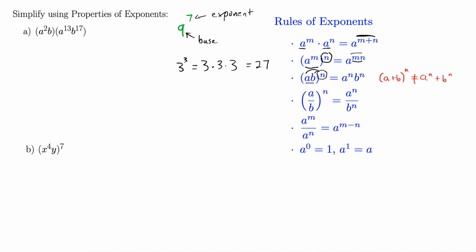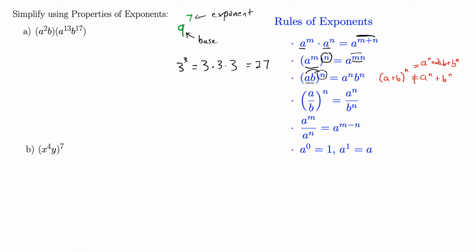So make sure you can spot the difference between these two situations. When these are multiplied together, the n distributes through to both of them as the exponent. When they're added together, the n does not distribute through. If you did want to do this, you would use a to the n plus 2ab plus b to the n. Okay, so that's how that goes.